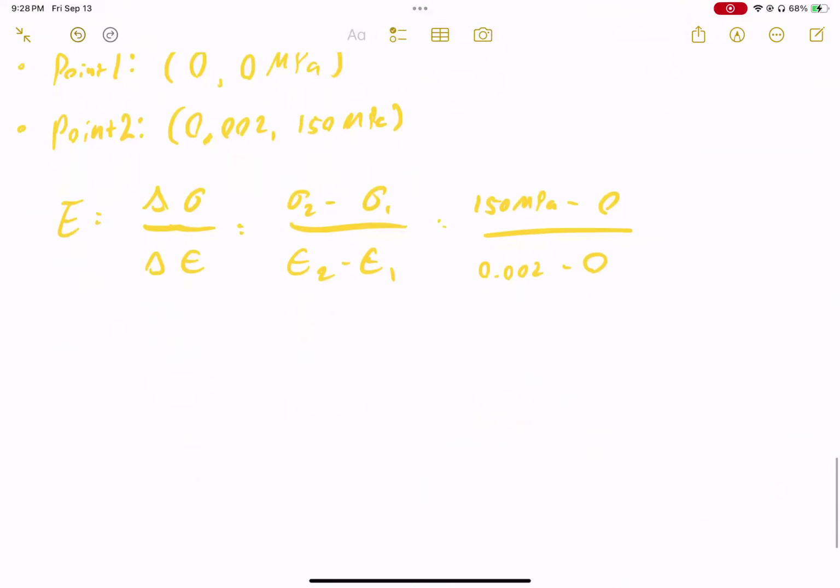So then if I were to plug this into my calculator, I should be getting gigapascals. Hold on, I'm just looking at my answer key and I think I messed up. Whoops. Oh, sorry. 150, so then plug into my calculator.